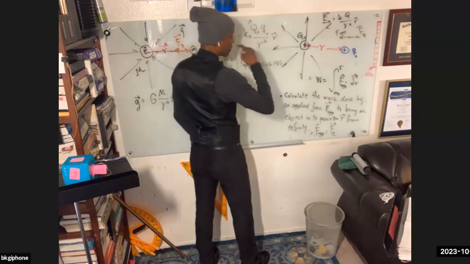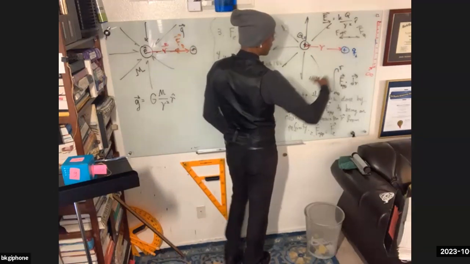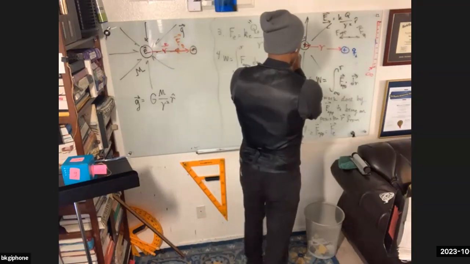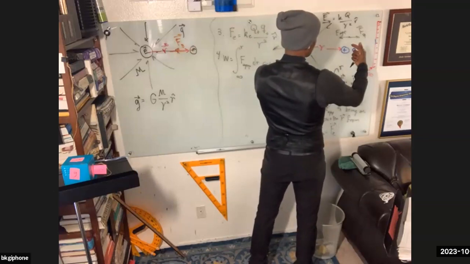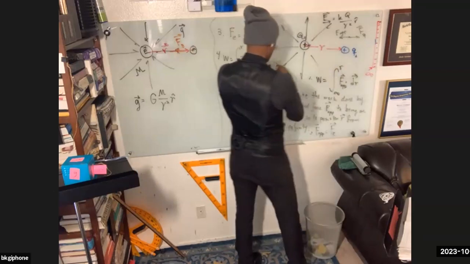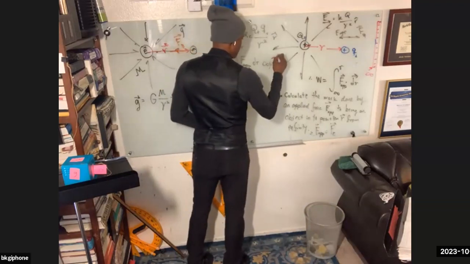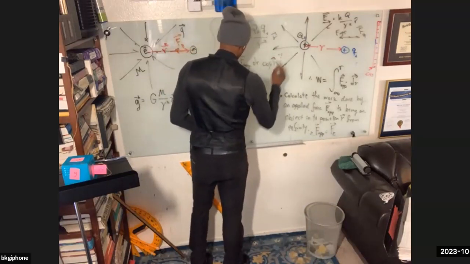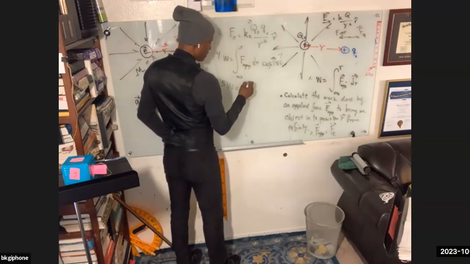Now, if it were a negative charge and I did it at a constant velocity, I'd have to be holding it back. So Fe would be in, and F applied would be in the opposite direction. So either way, you're going to generate a negative sign, no matter which one you do. That generates -1. So then I have work is equal to the integral from infinity to R.